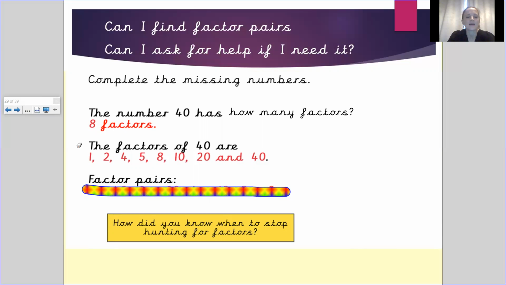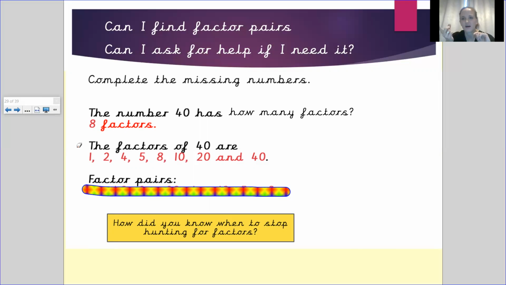So I can see for you 1 times 40 is 40, 2 times 20 is 40, 4 times 10 is 40, 5 times 8 is 40. And then you would start finding that if we were going up with our numbers, the numbers would just be in reverse.